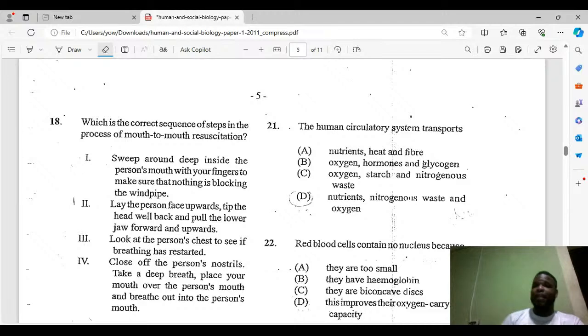All right, so tell me the steps. So you're saying II is first, lay the person face upward and tip the head.